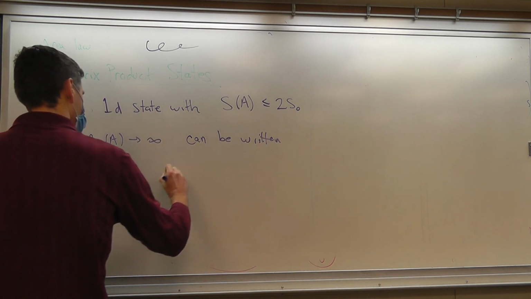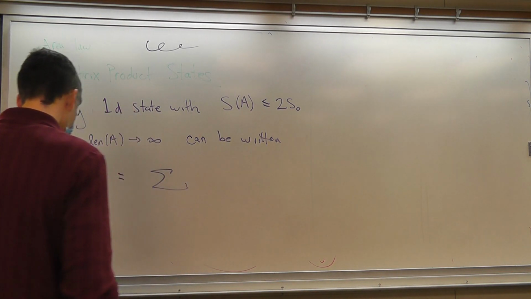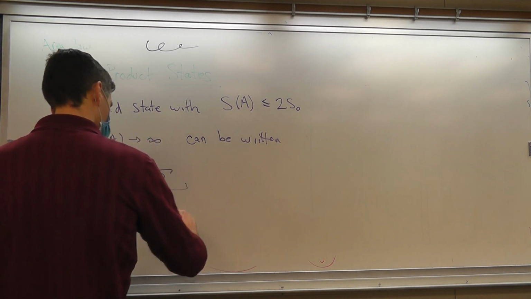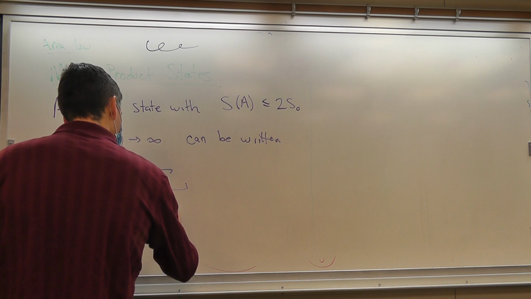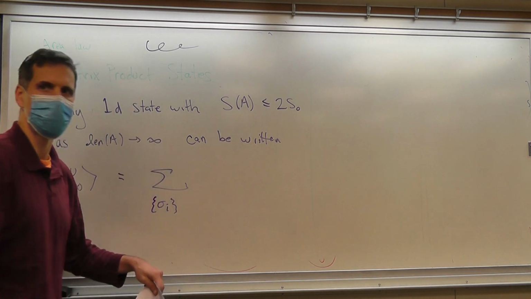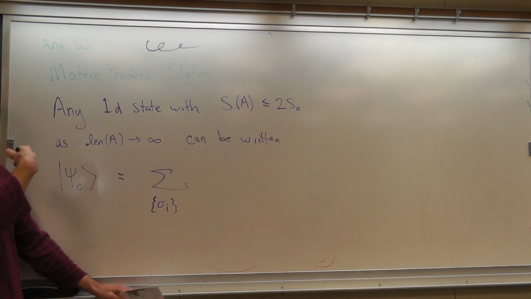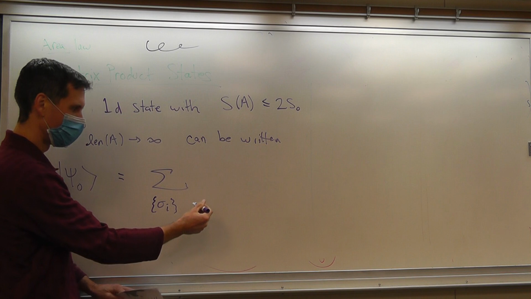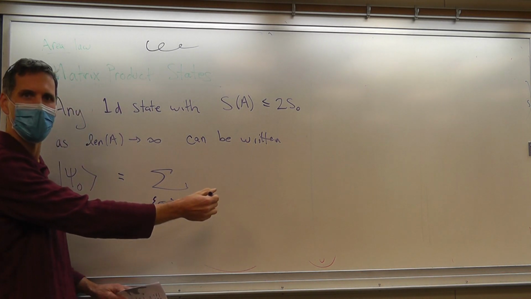So the matrix product form is the following. We sum over all the spins. Now, last time I wrote an equation that was just a totally general wave function on n spins, a tensor with n indices, one for each spin.